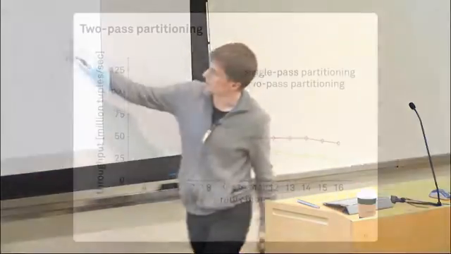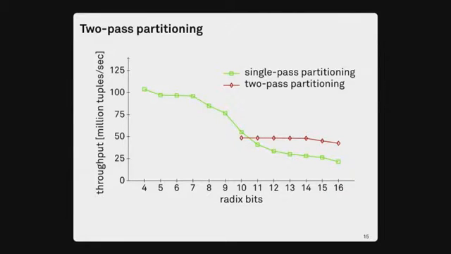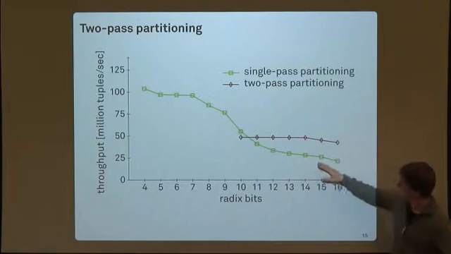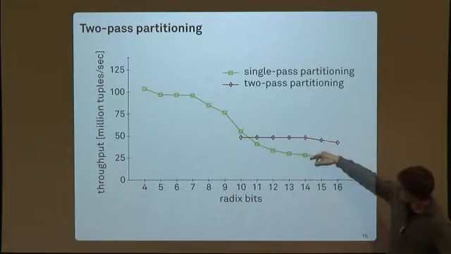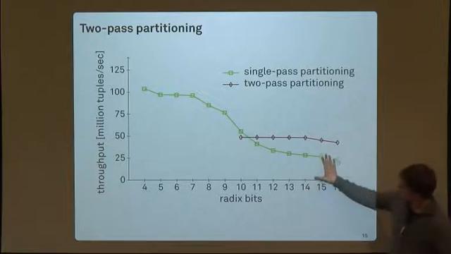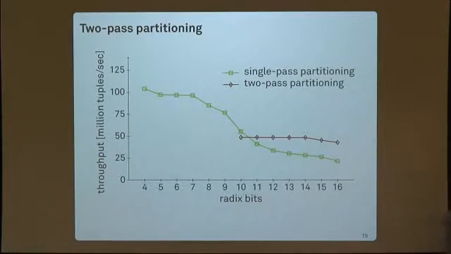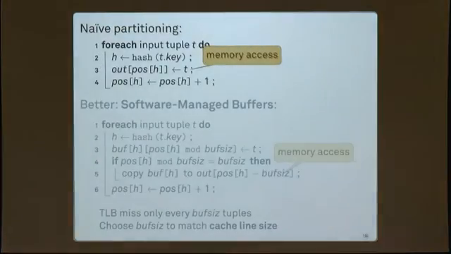Yeah, and if you do that, it turns out the cost of an additional pass is additional CPU work, but it saves you all those TLB misses. And as you can see here, for the area where we're interested in, it gives a significant advantage in terms of the partitioning cost, right? You can do even better.